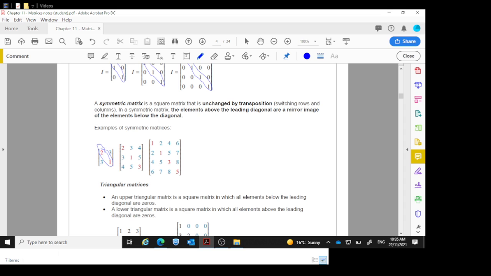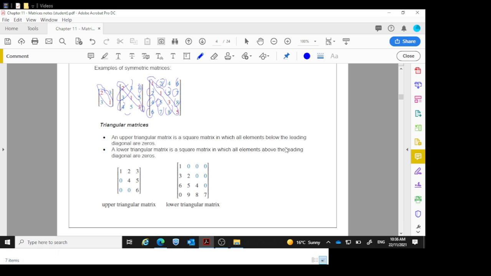So it's like a mirror. So here you can see the 3 opposite the 4, and 5. There's the leading diagonal, and you see the mirror image, 2, 4, 5, 6, 7, 8. So that's what we call symmetrical.